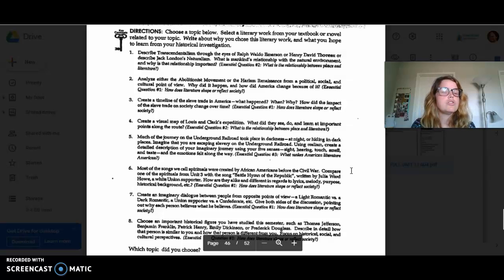So you have to describe those literary movements through those authors' eyes. What is mankind's relationship with the natural environment, and why is that relationship important? That's the first one. If you like Emerson, Thoreau, or London, if you like nature and all that, good one for you.